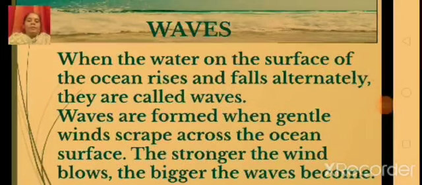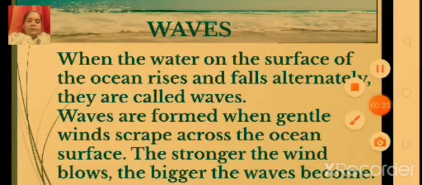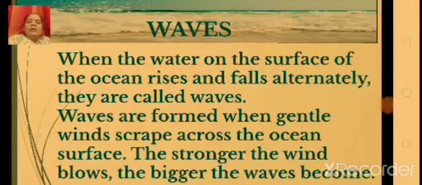So, children, waves are formed when gentle winds scrape across the ocean surface. The stronger the wind blows, the bigger the waves formed. Now, tsunami is a Japanese word that means harbor waves. Why harbor waves? As the harbors get destroyed whenever there is a tsunami. So then, what is the first indication of a tsunami?